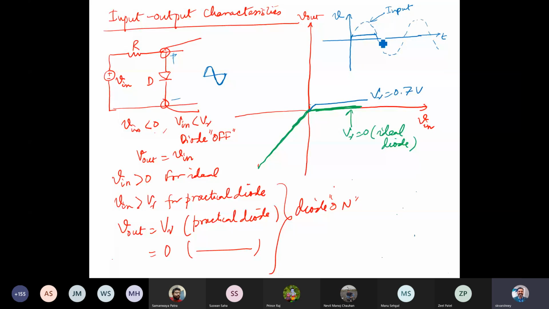Then as we go into the negative cycle, it becomes reverse biased, the diode is off, and the output simply follows V in. So this is the output across a diode for a sinusoidal input signal, right?